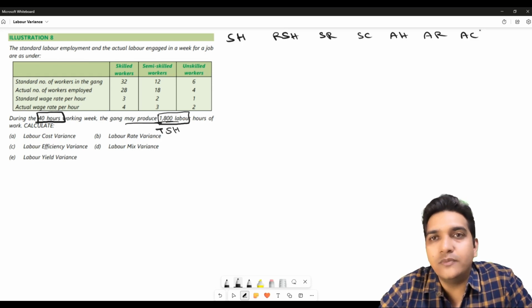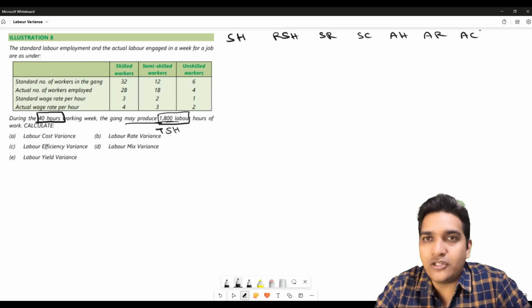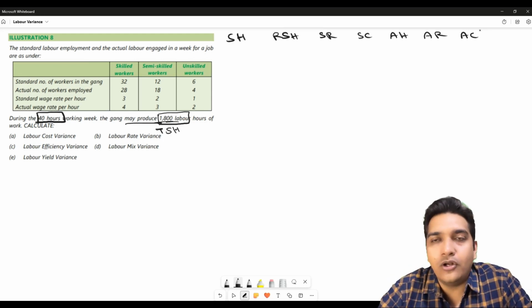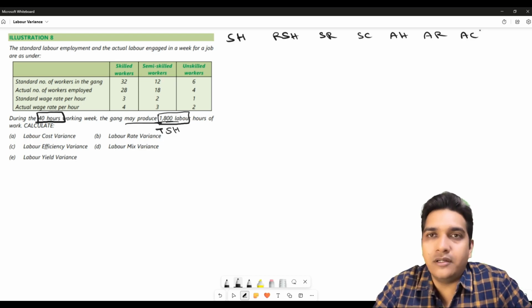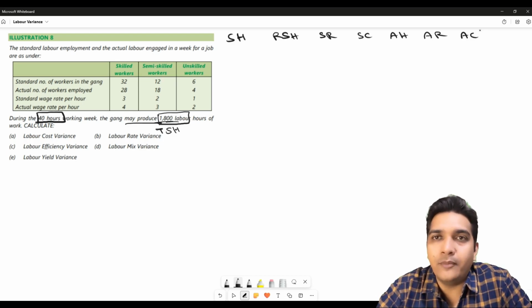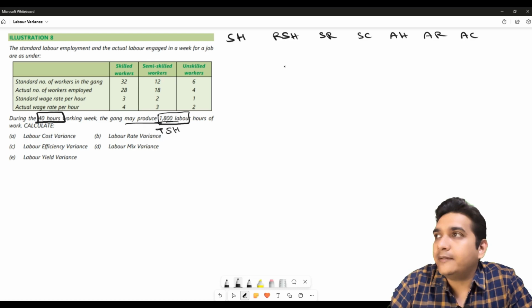So we assume that actual hours paid is equal to actual hours worked, and we do not have to calculate the idle time variance, and we don't even have to worry about the formulas, whether to take actual hours worked or actual hours paid. That is a good thing here.